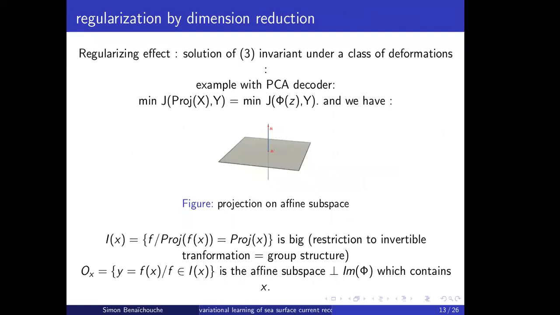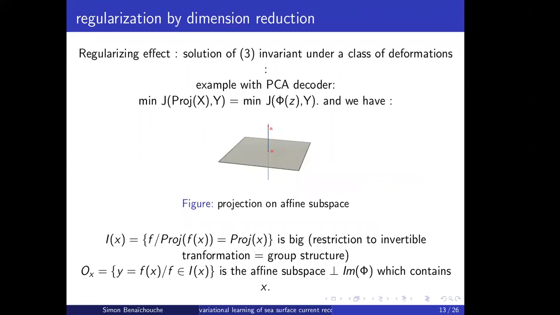The other question I'd like to show you is why regularization by dimension reduction is efficient. Here is an example. We could do a linear dimension reduction using PCA, for example. And when you do that, you construct a class of invariants. Here I write, for a point X, an associated set of functions that maintains X under the projection operator.